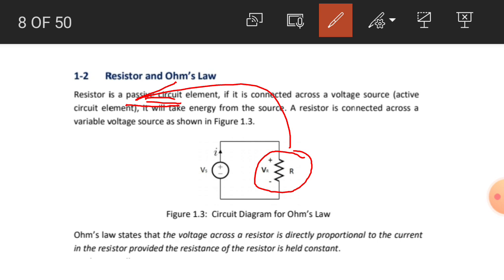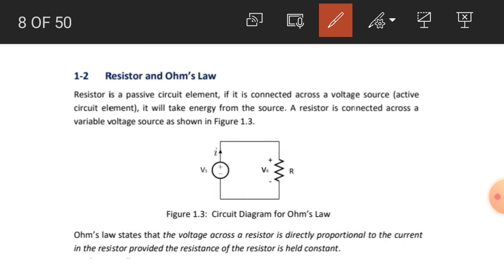Similarly, inductor takes energy from the voltage source. This is an example of the passive circuit element as well. Capacitor takes energy from the voltage source. So capacitor is an example of passive circuit element as well. So the circuit elements which take energy from the voltage source are known as passive circuit elements.